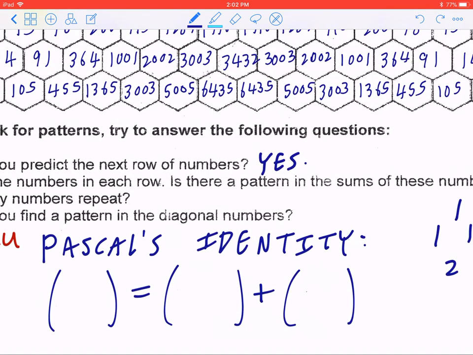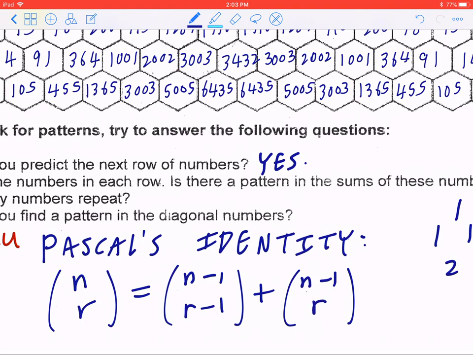If you look at the triangle and you want to relate this in terms of combinations, which you can express as n choose r, Pascal's identity is n choose r, which equals n minus 1 choose r minus 1 plus n minus 1 choose r.